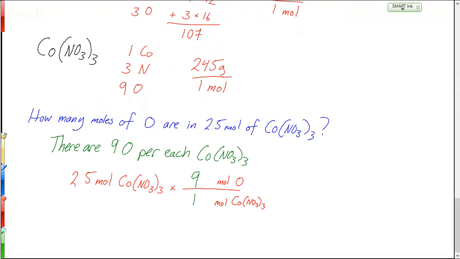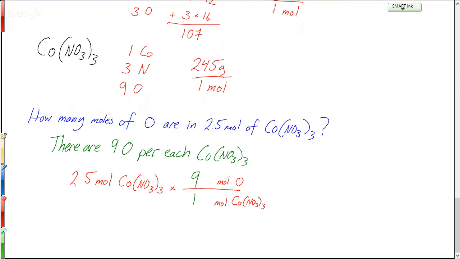If you ever get confused about this term mole, remember that you can substitute it for dozen, if you like that better, or just each, because it's just another way of counting things. If you say there's 9 of these in each one of these, that's the same as saying there's 9 moles of these in each mole of this. I mean, it's not the same, obviously, but calculation-wise, ratio-wise, that has the same kind of relationship. So if it confuses you to think about the molar ratio, you can think about the individual pieces and how many of these are there in each formula unit.